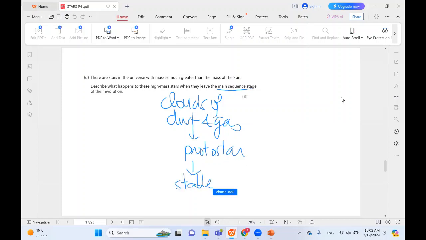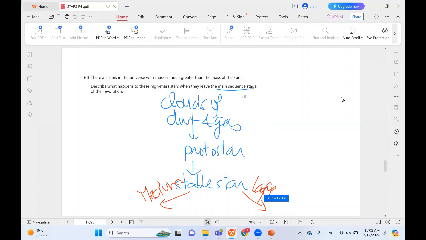This is what we call the main sequence because this happens regardless of the size of the star. After stable star, we have 2 different paths. For medium, like the sun, and for large stars that are much larger than the sun.